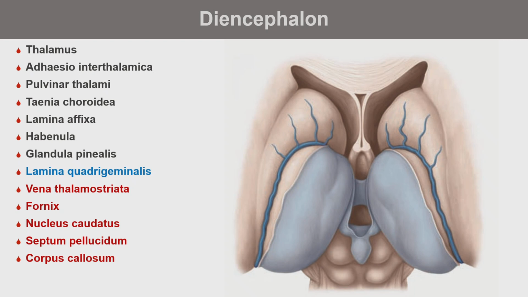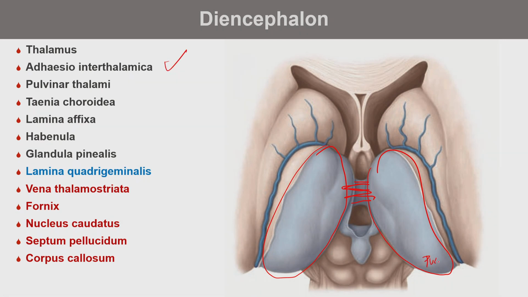This next view is a view which is from the top after the diencephalon is cut off. So here we can see very well the thalami. One thalamus, the second thalamus. In between there is a bridge which is called adhesio interthalamica.